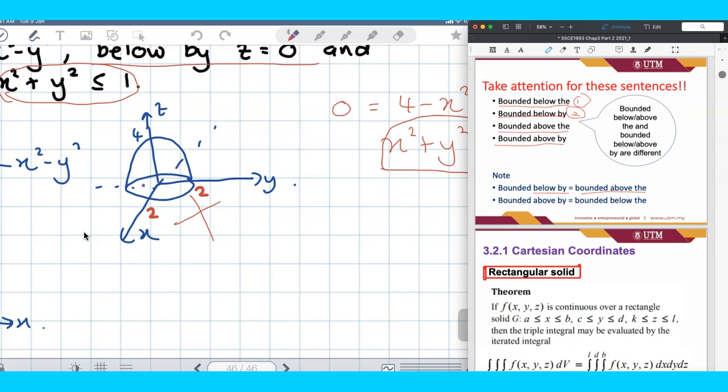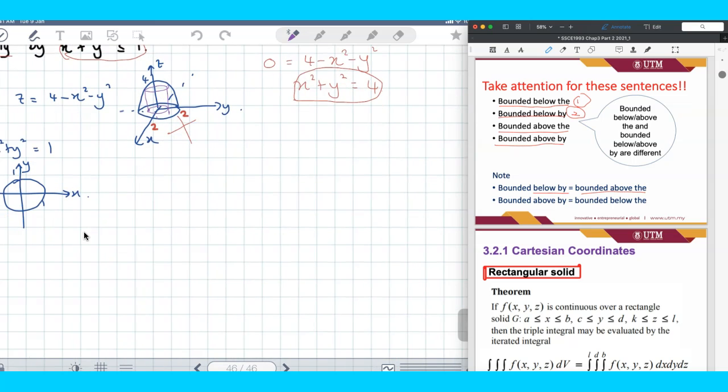So you have a smaller cylinder with radius 1. So this is your cylinder. Meaning your exact solid, based on the information provided, is laterally bounded by the cylinder with radius 1, and you have the floor here.